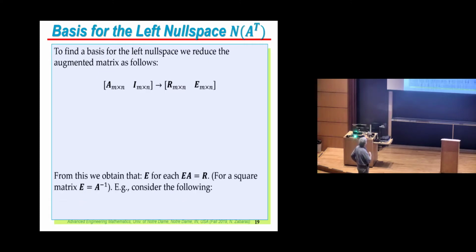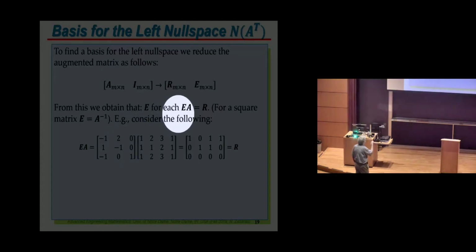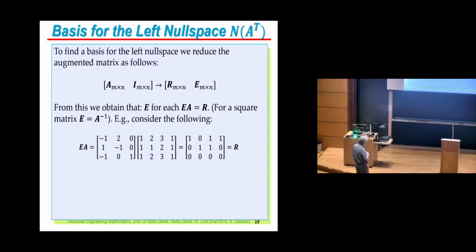OK? So let me take one particular example of this. E times A equal to R. And let's say this is my A matrix, all right? This particular example. And my elimination matrix is going to look like that. So I multiply the elimination matrix with A, and I get R. OK.